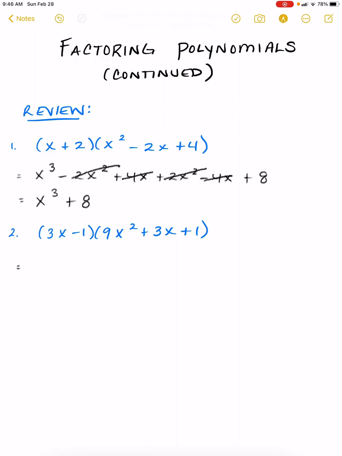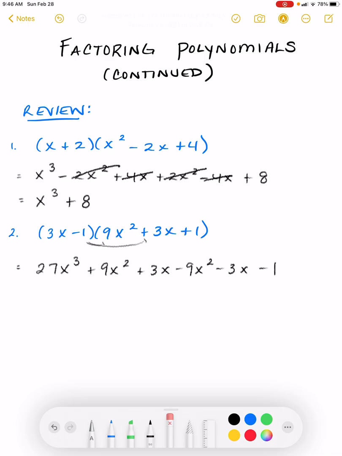I'm going to distribute the 3x to the 9x squared and get 27x cubed. And 3x times 3x is 9x squared, and 3x times 1 is plus 3x. Now we distribute that negative 1: negative 9x squared, negative 1 times 3x, and finally negative 1 times 1 is negative 1. Let's combine like terms and see what's going on.